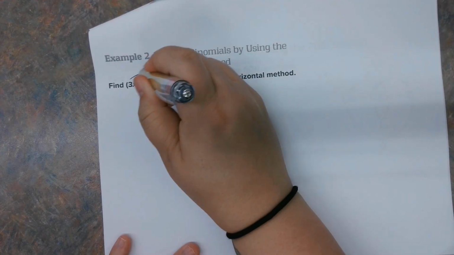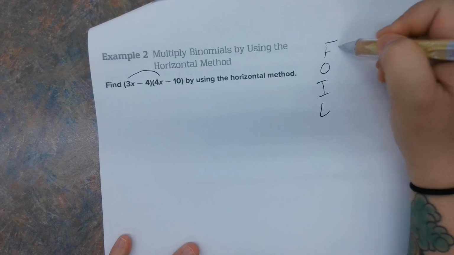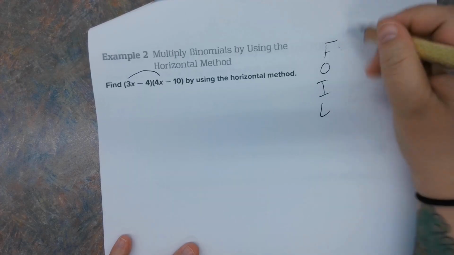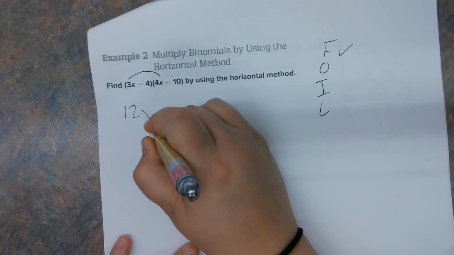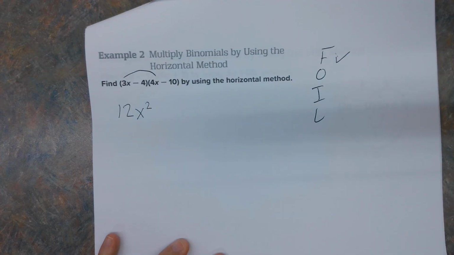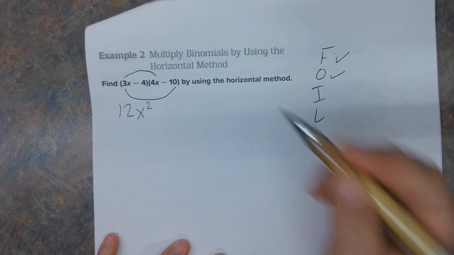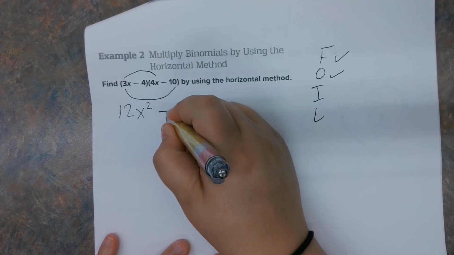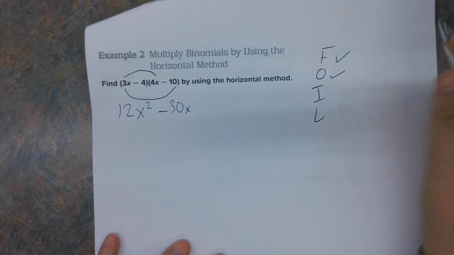I have 3x, and this is a FOIL. First, I have 3x times 4x, so 3 times 4 is 12. X times x is x squared. Outer, I have 3x times negative 10, so negative 3 times 10 is 30, x.